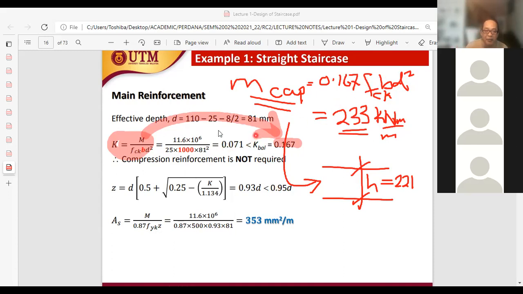Anyway, kalau gunakan what is recommended dalam Eurocode is comparing this ratio dengan K. Saya lebih suka compare moment dengan moment. Nampaklah sikit justification dia tu. Then of course kita dapatlah nilai AS based on the value of Z should not exceed 0.95D. Therefore kita dapat the area required is 353 mm² per meter.